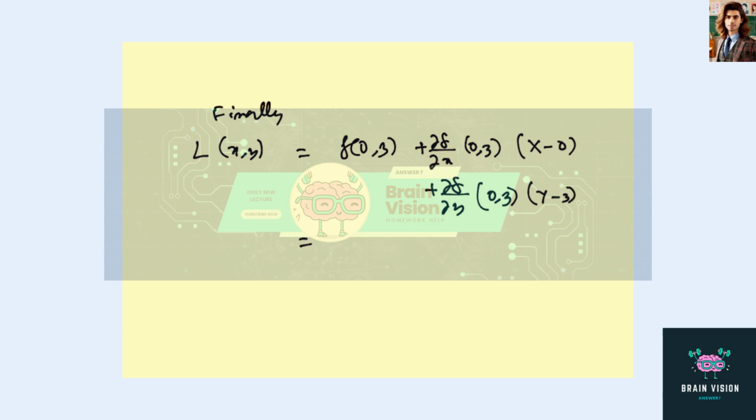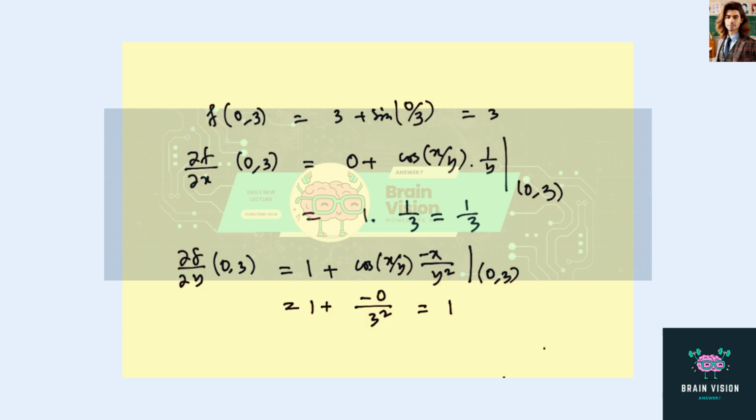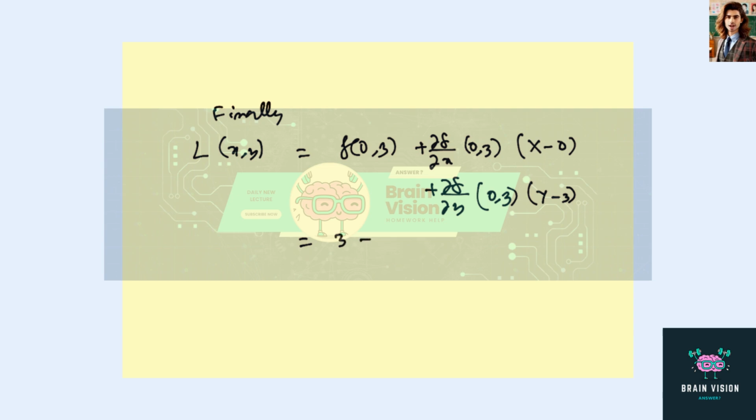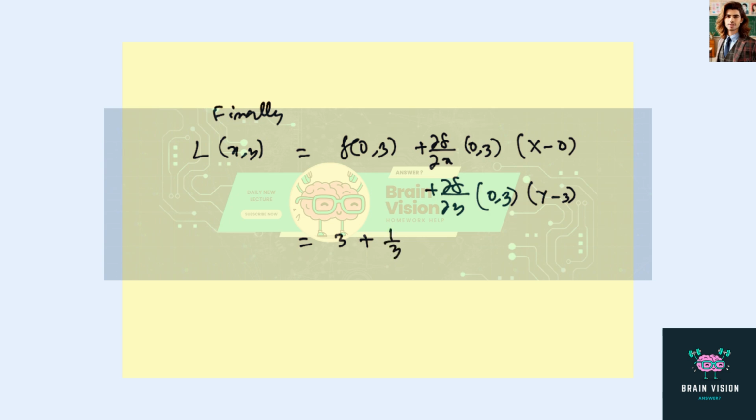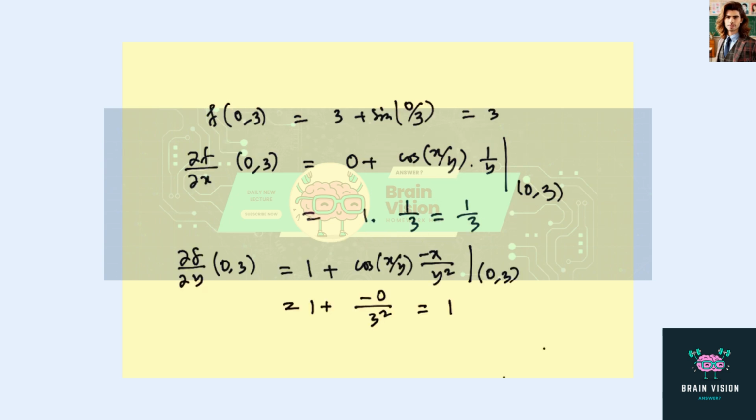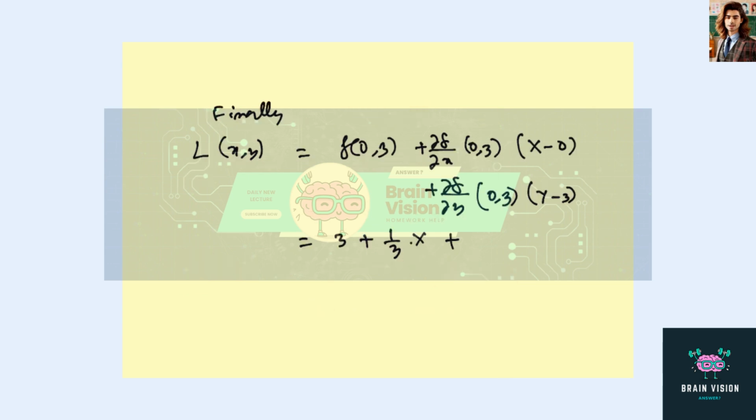And we observe that f of 0, 3 is 3. So this is going to be 3. Delta f delta x at 0, 3 was 1/3. So this is going to be 1/3 times x plus, and delta f delta y was 1. So this is going to be 1 times y minus 3.